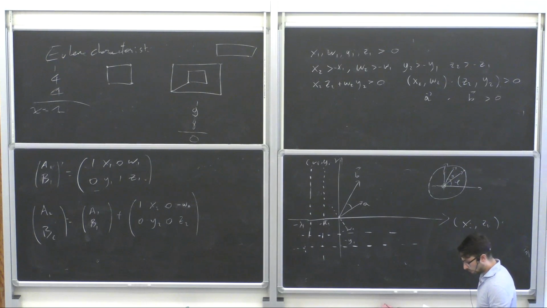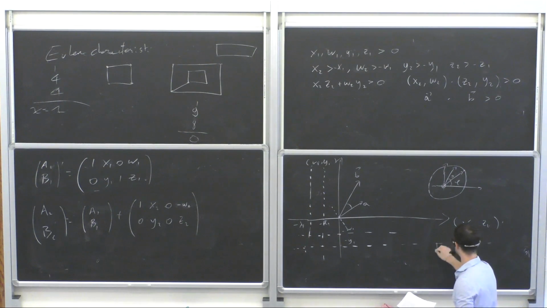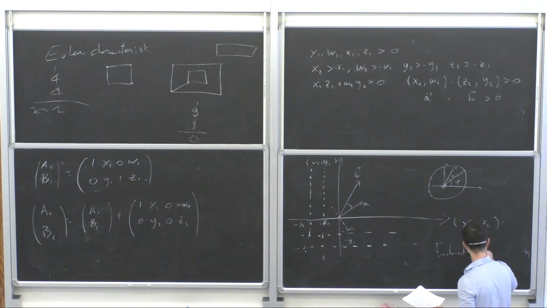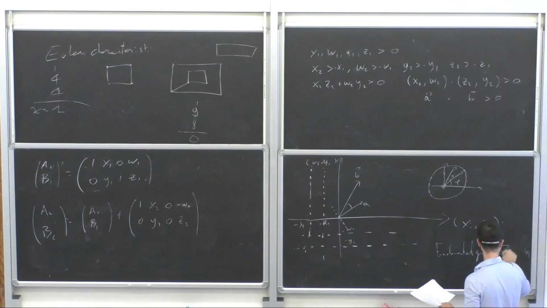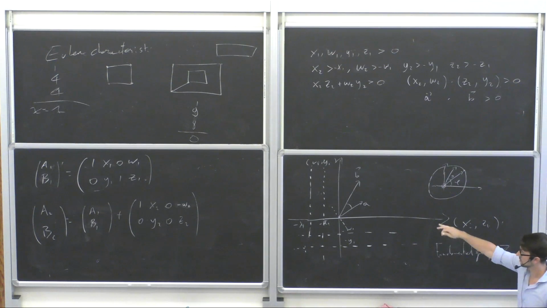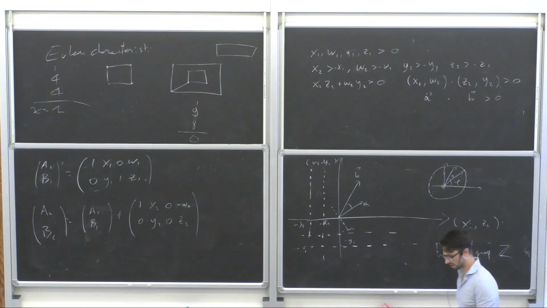So what it means if the fundamental group is Z: when we count for the Euler characteristic, this is not one region.